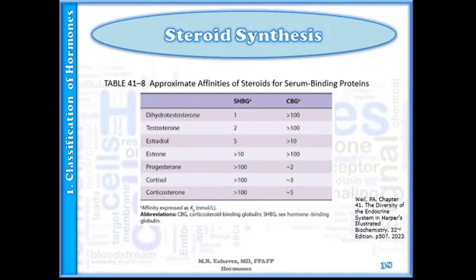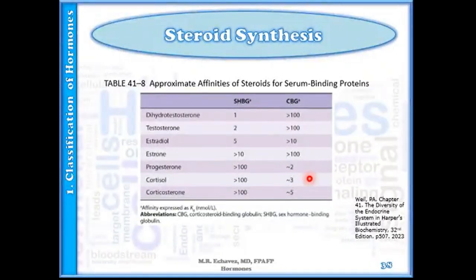Binding to your CBG is not restricted to glucocorticoids, as you can see here in your table. Deoxycorticosterone and your progesterone interact with your CBG with sufficient affinity to compete for cortisol binding.